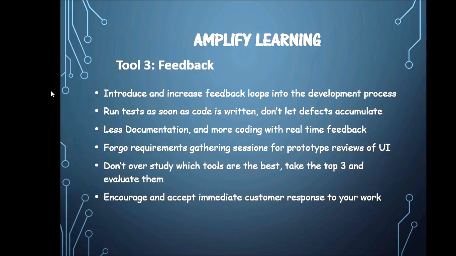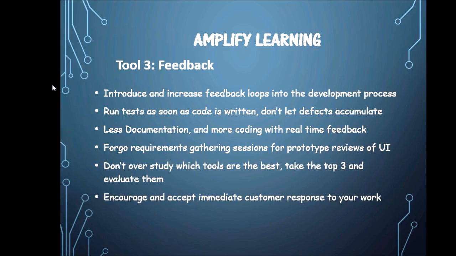And here's the third tool of Lean software development and the first tool of amplifying learning. The first is introduce and increase feedback loops into the development process. Run tests as soon as code is written. Don't let defects accumulate. The third point is less documentation and more coding with real-time feedback.